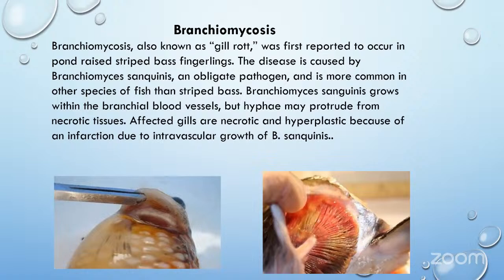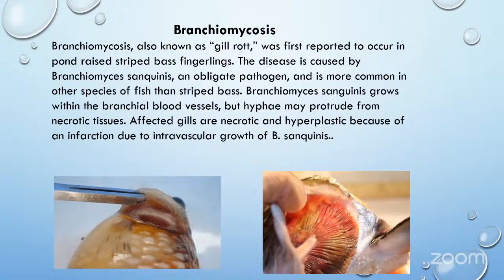Next is branchiomycosis, also known as gill rot. It was first reported to occur in pond-raised striped bass fingerlings. The disease is caused by Branchiomyces sanguinis, an obligate pathogen, and is more common in other species of fish than striped bass.